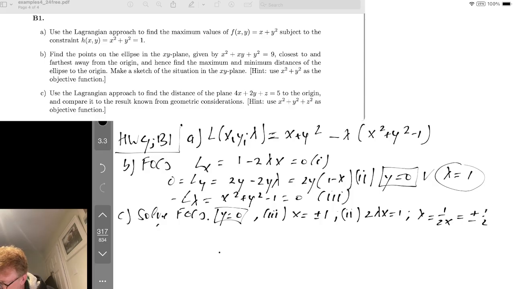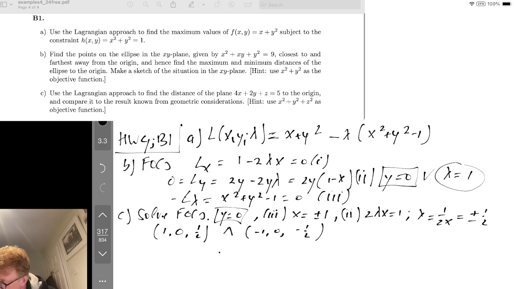So we have the stationary points (1, 0, half) and (minus 1, 0, minus half).